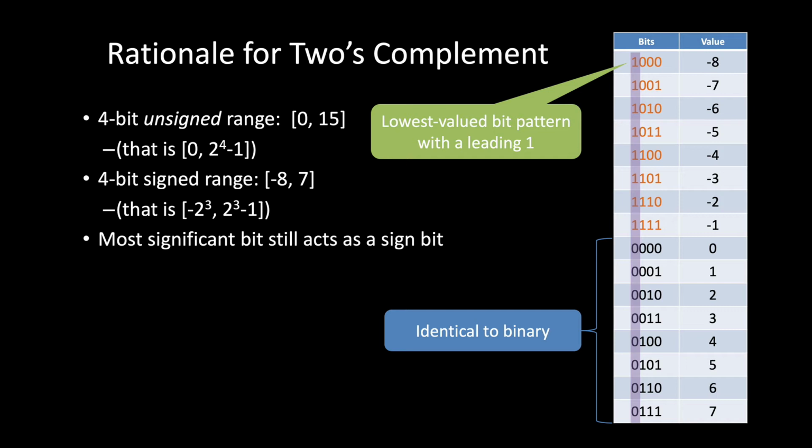By doing this, as the values increase, like from -8 to -7 to -6 and so on, then the bit patterns also increase from 1000 to 1001 to 1010 and so on. As a result, our existing adders just work.